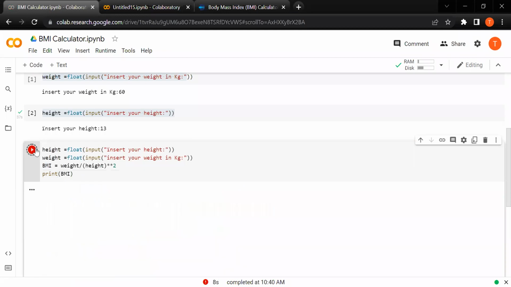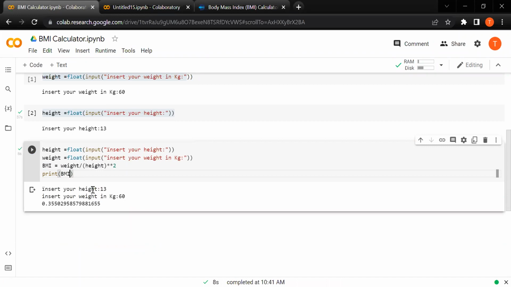Okay, so let's do it again. Height is what? 13. Weight is what? 60. And then BMI is 0.35. Now, if you divide that by 100, it's going to give us what? Let's just add divided by 100 to it.